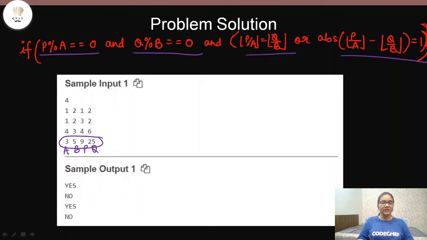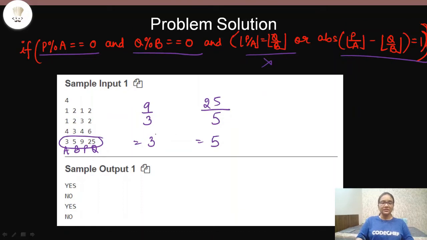Then Q is a multiple of B. Yes, 25 modulus 5 will give us 0. Now let's write it down. 9 divided by 3 will give us 3 and 25 divided by 5 will give us 5. Are they equal to each other? No, this condition is false.